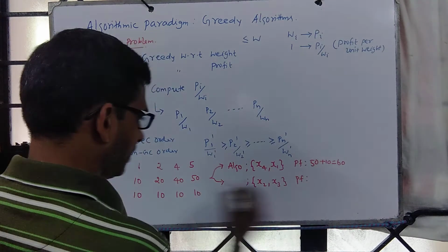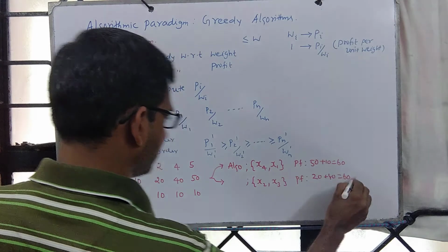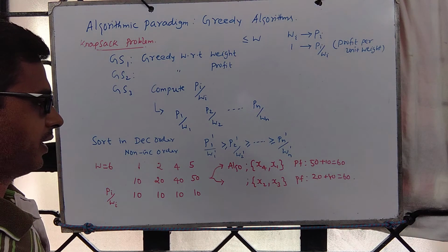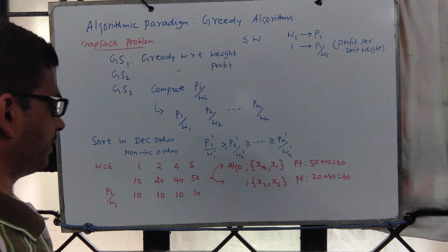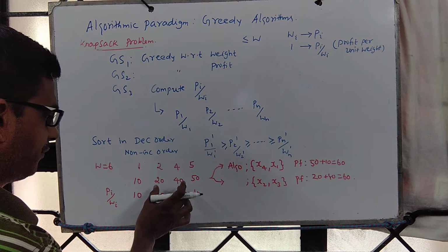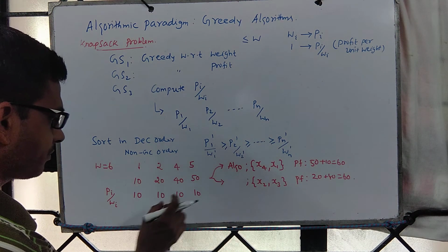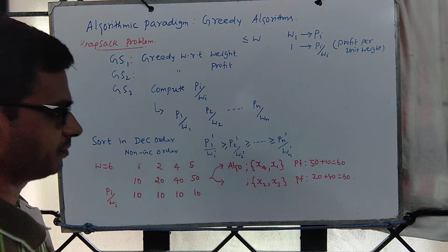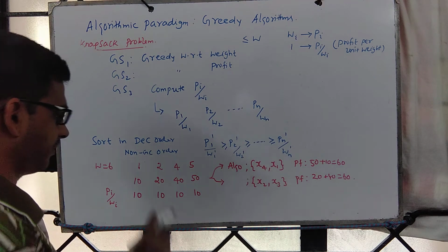Again, profit earned is 20 plus 40, 60. Correct? So now this is what we have with respect to the first example. So we may get this as the solution, or we may get this and this. Okay, fine. So either of these is giving opt.